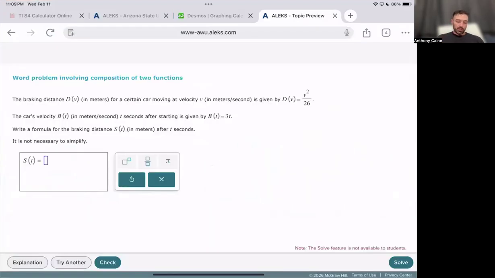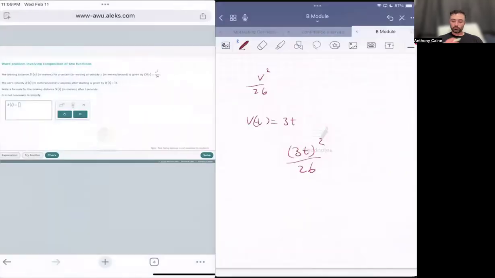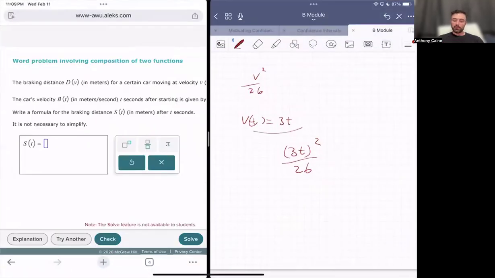But let's just read out the problem. The braking distance for a certain car moving at velocity v is given by that. The car's velocity after t seconds is given by that. Write a formula for the braking distance after t seconds. And so that's going to be this composition thing that I just did. Because if v is equal to 3t, you just compose them.